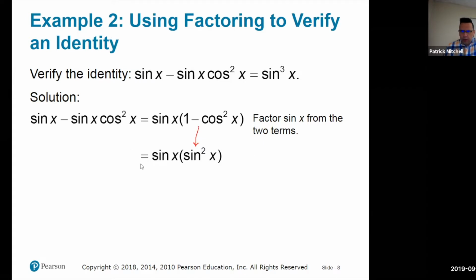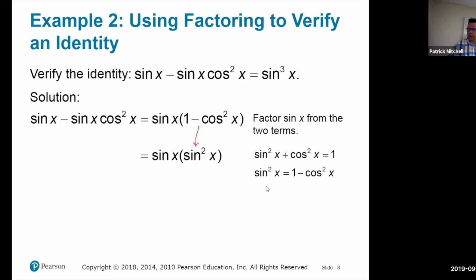The one that I showed you was sine squared x plus cosine squared x equals 1. So we're just writing that in a different form where the sine squared x is by itself. I really think of that as being the same exact identity, just in a different form.